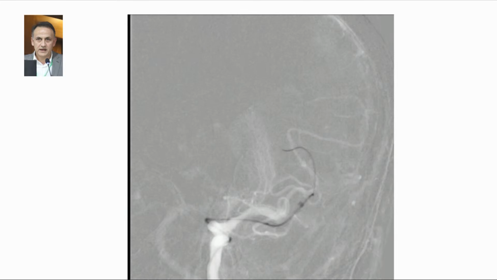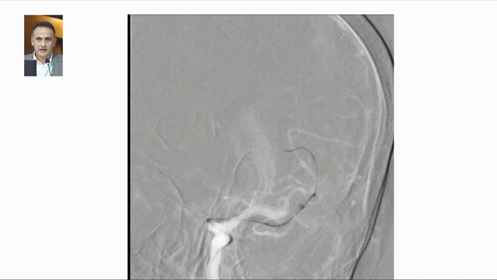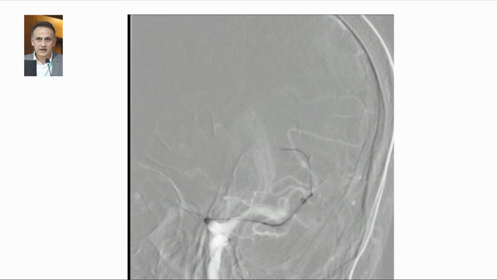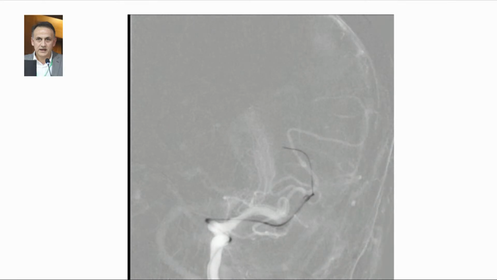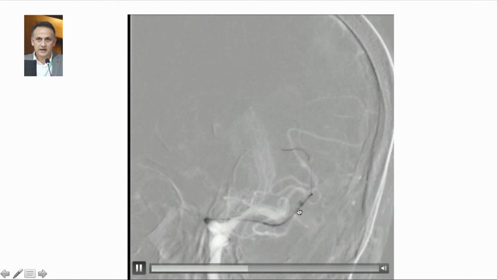And under roadmap, we just insert our wire as usual. You have seen this many times today, and we also inserted our microcatheter as well as the edge catheter. This is the aspiration catheter.